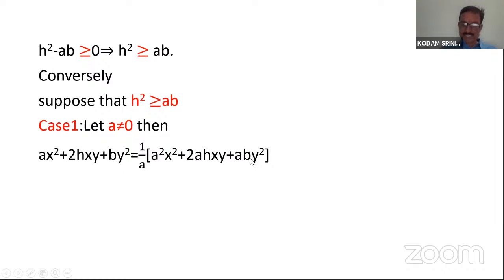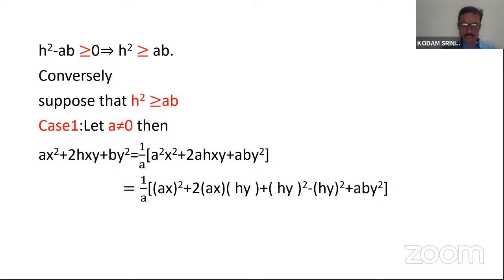So in the right hand side, 1 by A into (A square x square plus 2AH xy plus AB y square). Again, rewriting the terms, 1 by A into (AX) whole square, since A square x square can be written as (AX) whole square, 2AH xy. Now just arranging the terms, that is 2 into AX.